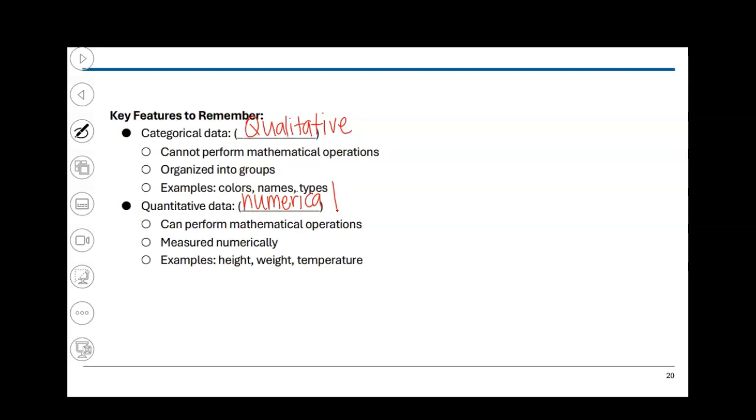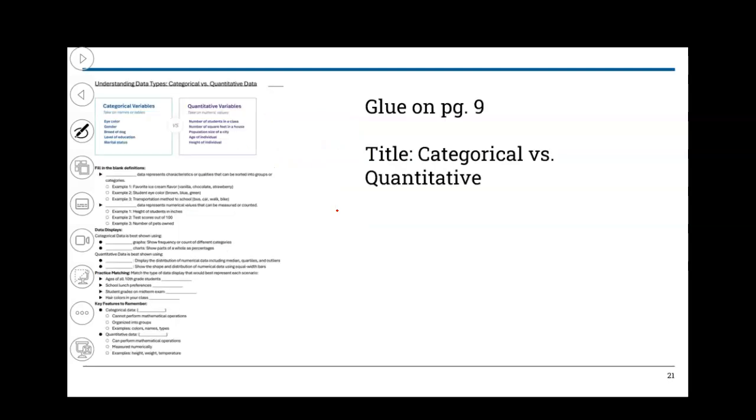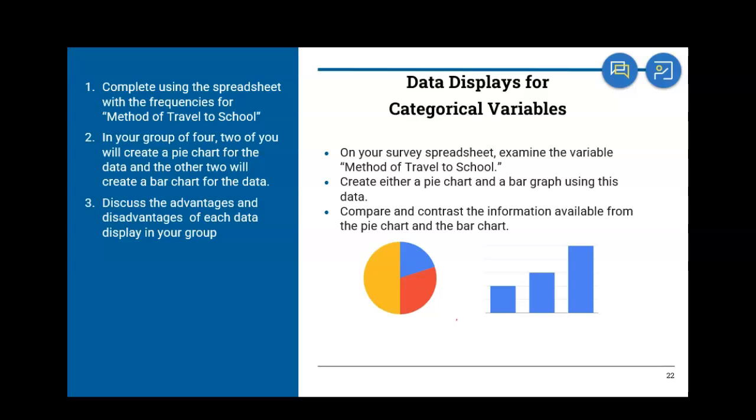Okay? All right. The next thing we're going to do is glue this on page 9, and that's the title. All right, so 5th period, we are opening the data sheet, and I'm going to tell you what your entries are. So y'all were the last class to do the survey, okay? Today, 6th and 7th are not repeat. Thanks for asking them.